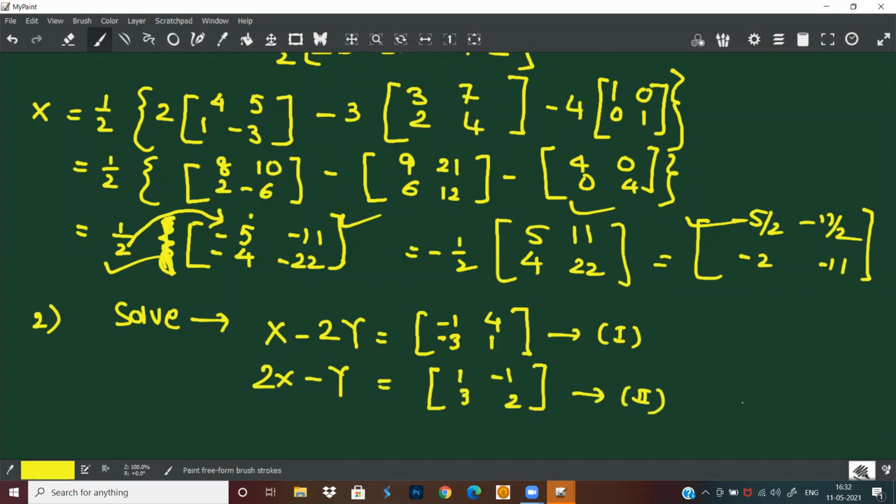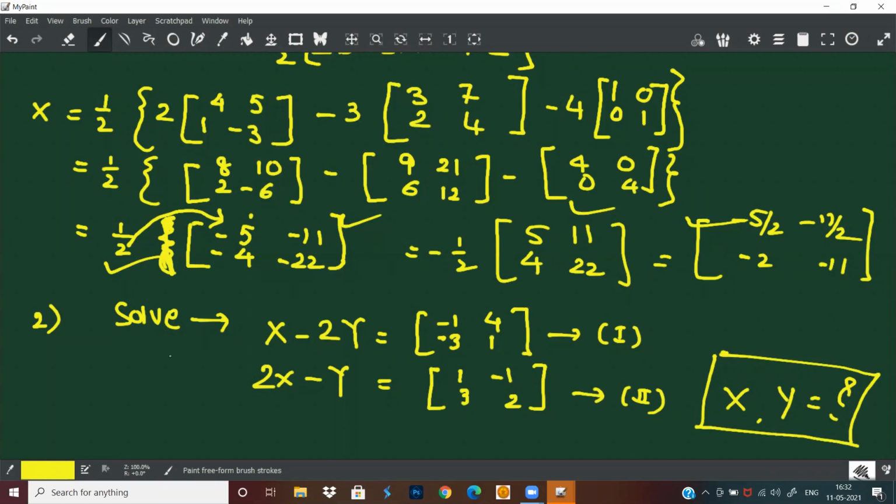You have to get matrix X and matrix Y. They have given you the relation between matrix X and matrix Y. It's like solving simultaneous equations.